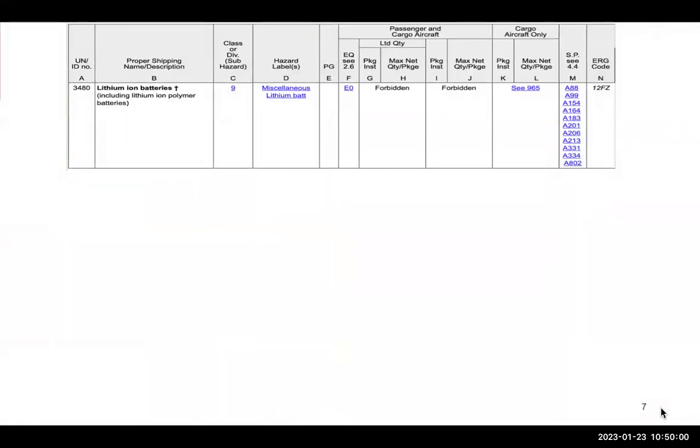All right, so let's look at the extracts from the list of dangerous goods and see where the UN numbers are coming from, the proper shipping name, and then the packing instruction, plus the other related important information. So for lithium-ion batteries, the ones which are loose, we have the extract from the list of dangerous goods looking like that.